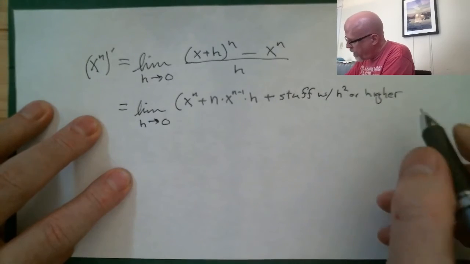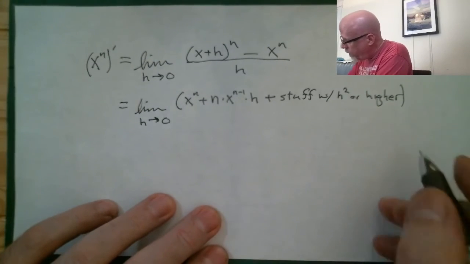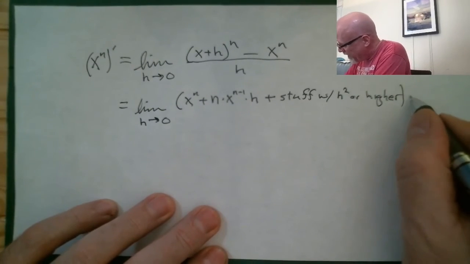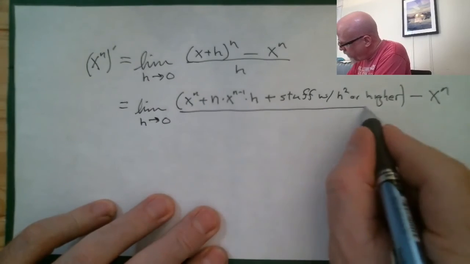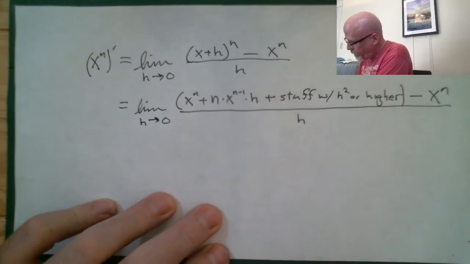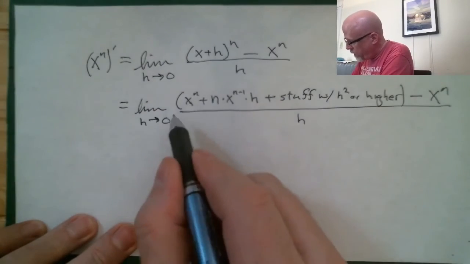Now, that seems like weak algebra, but this is going to be valid because the other piece of it is you're going to subtract x to the n and then divide through by h. So when we subtract the x to the n, this x to the n is gone.